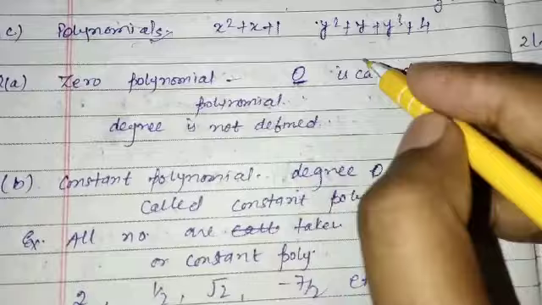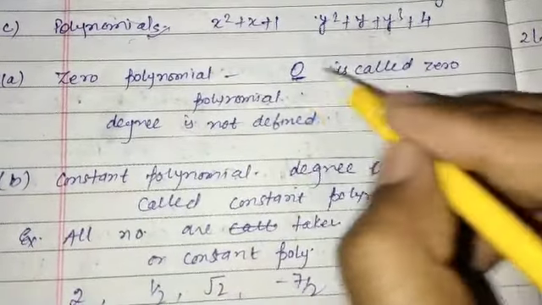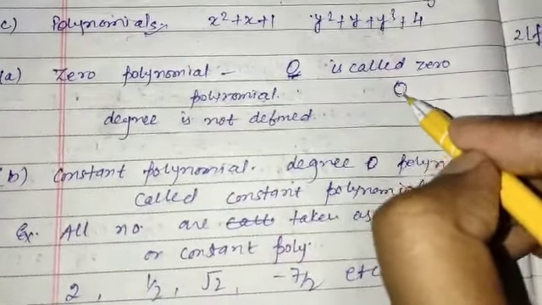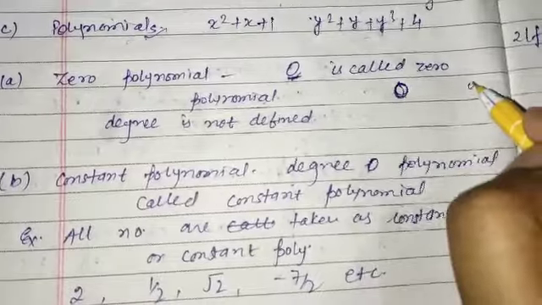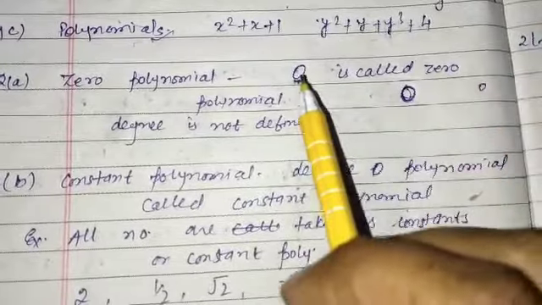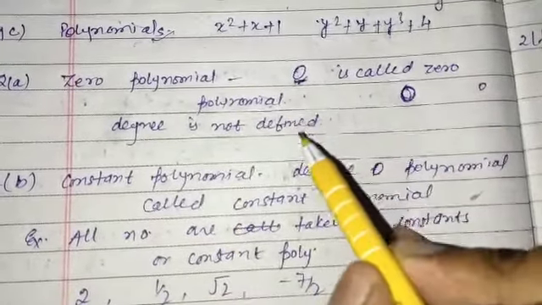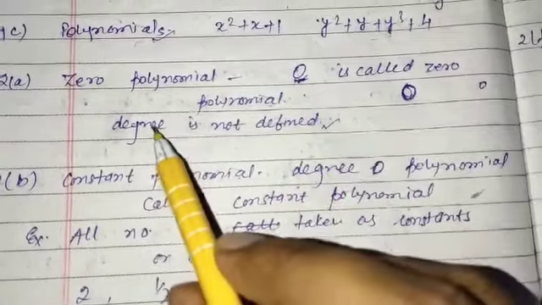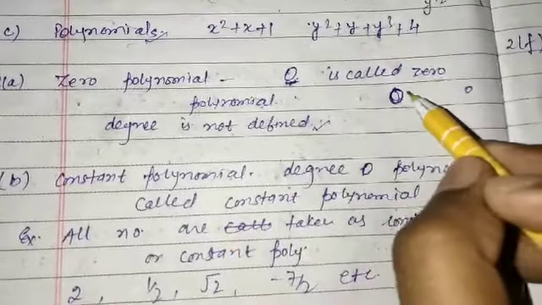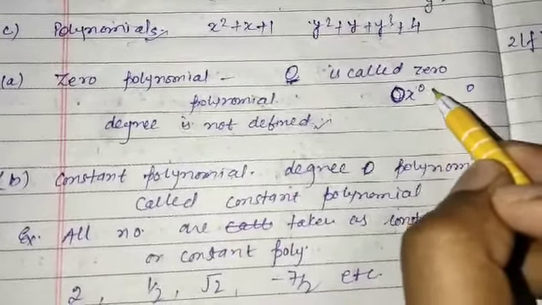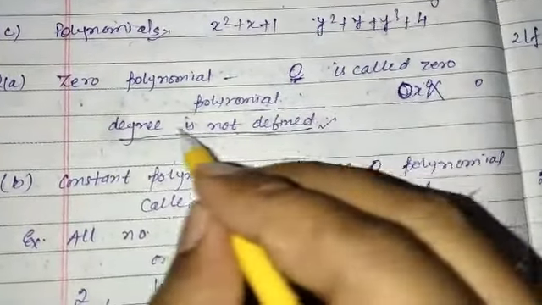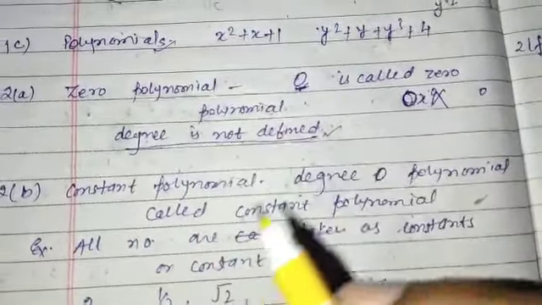It is a polynomial and it will be different from the other polynomials. At your level, just simple 0 is called the zero polynomial. For now you will consider that the degree of the zero polynomial is not defined. You cannot write 0 into x power 0, so don't do this. Just learn this point: the degree of 0 is not defined.